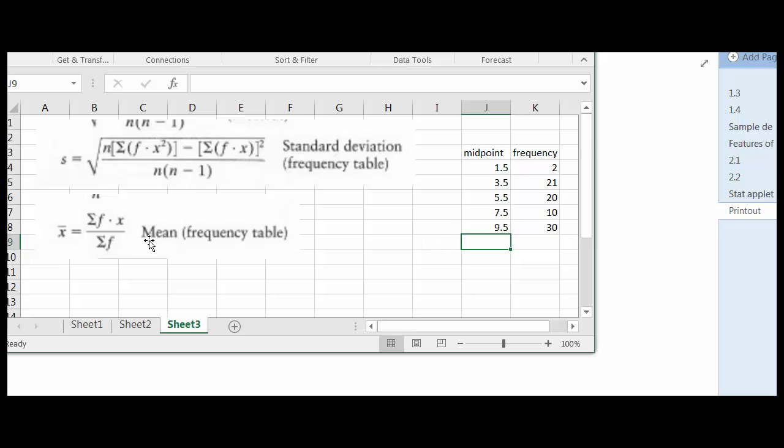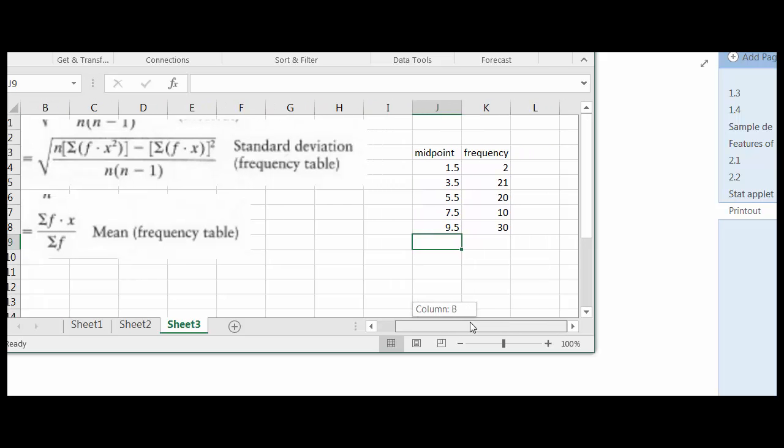Okay, so to find the mean, I need to sum the frequencies times the observations, the midpoints. So I need to start by multiplying these two numbers together. Let me give that a name real quick, so I might be able to use it later on.